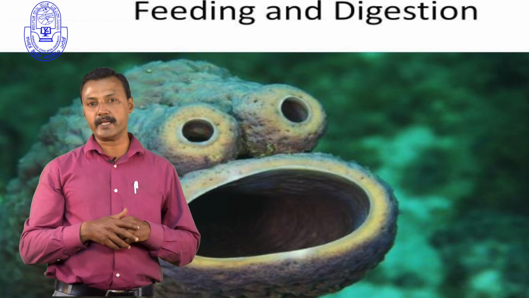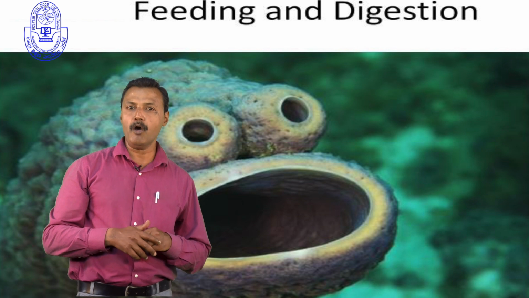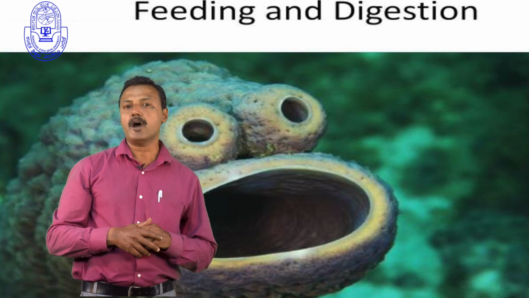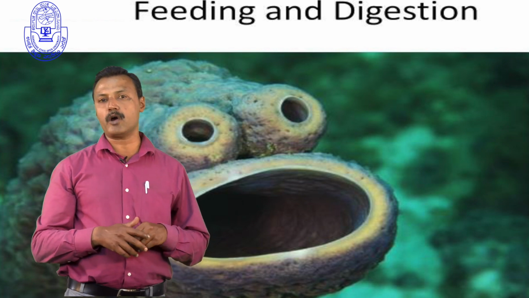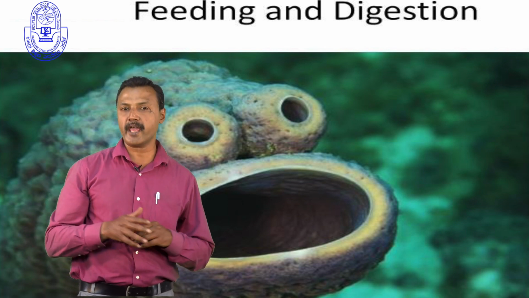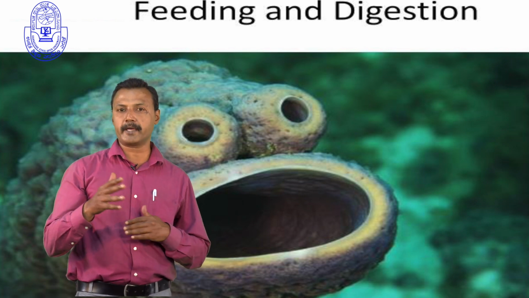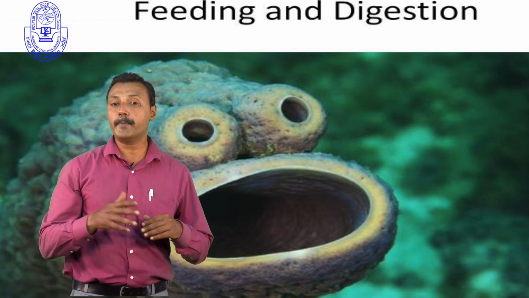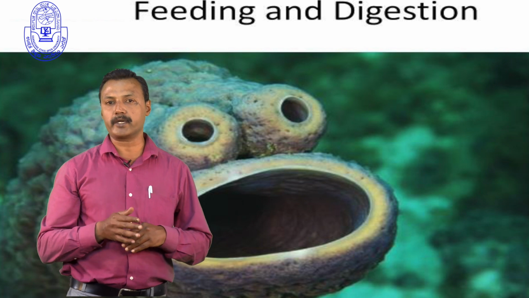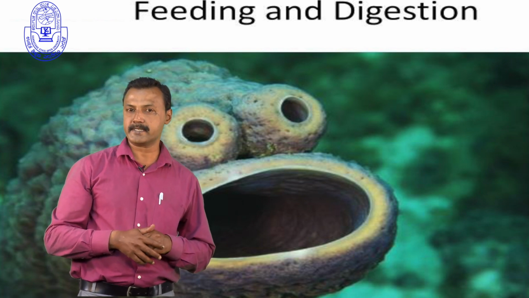It is very importantly observed that the cilia or flagella found on the choanocytes are beaten in larger waves that create a water current. This creation of a water current brings the food particles from the water into the system.